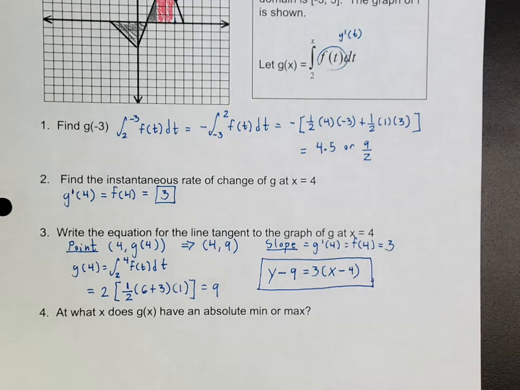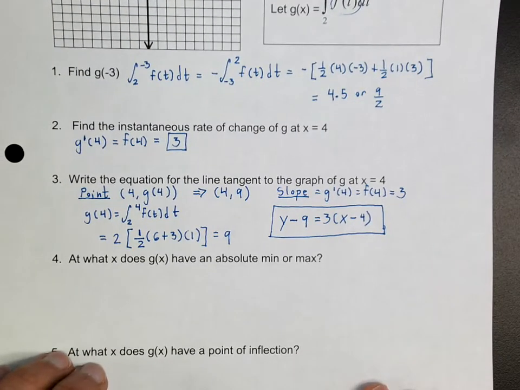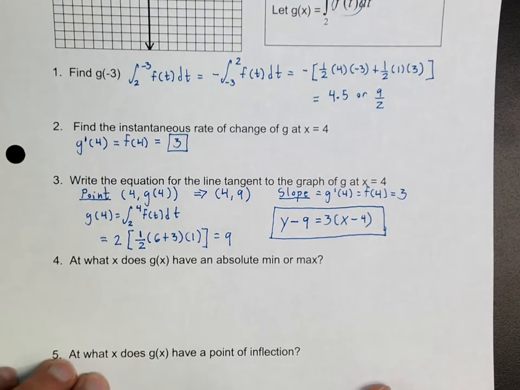Now, so far so good. Now, where it gets a little strange is right here. It says, at what x does g of x have an absolute minimum or maximum?